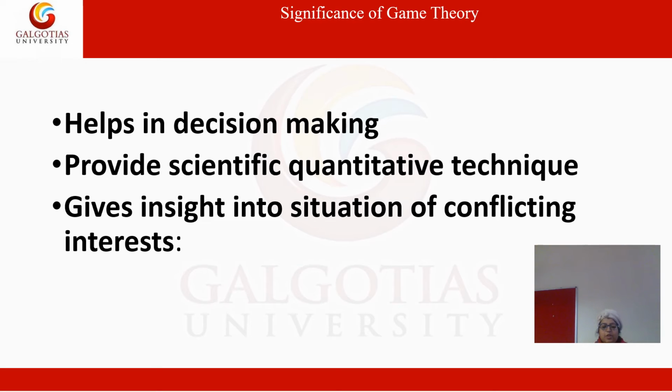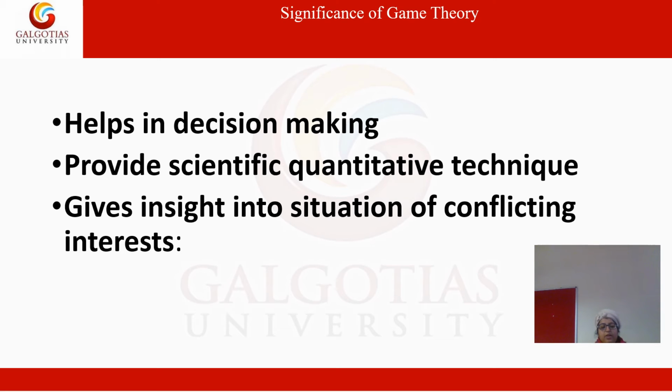The next is to provide a scientific quantitative technique. The theory outlines a scientific quantitative technique which is fruitfully used by the player to arrive at the optimum strategy given the firm's objective. The next is to give insight into situations of conflicting interest.